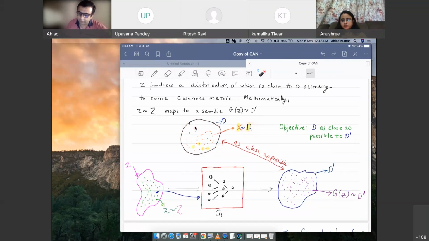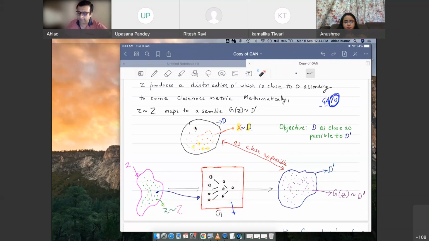For that, we create a neural network, which we call a generator. This is a black box with a neural network inside. You can put a neural network or a convolutional neural network in here, there is no problem. This is the network in the generative adversarial network, the term network coming from the neural network or CNN in this block.